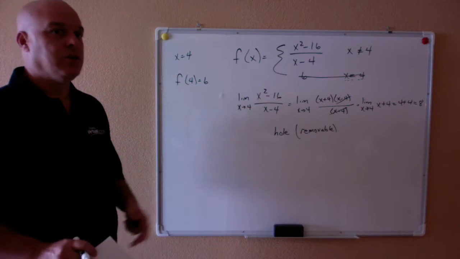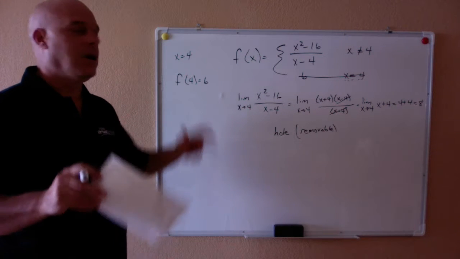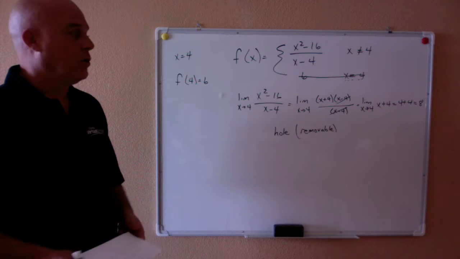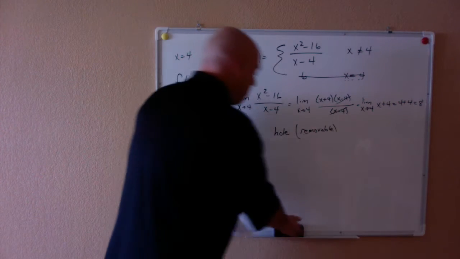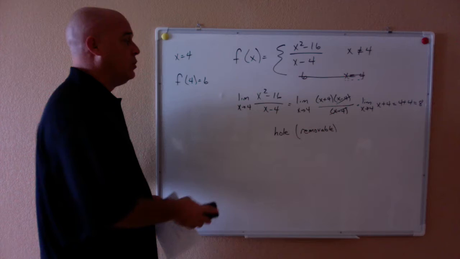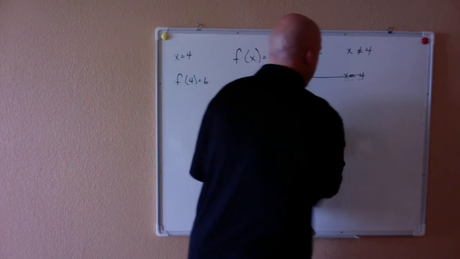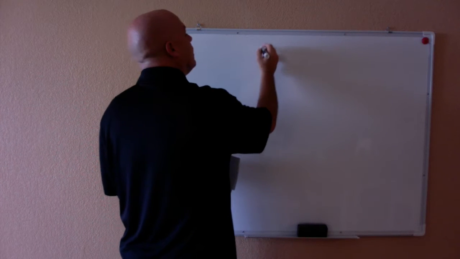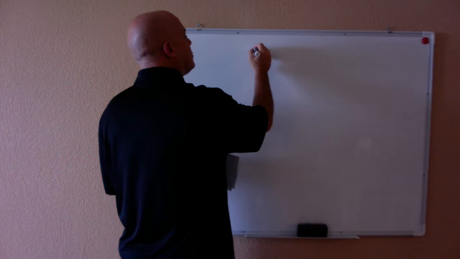It's a very big distinction between whether or not you can or cannot eliminate the problem area and whether or not you have a hole in the graph or whether or not you have an asymptote. Both of those are types of discontinuities, though. Let's look at one more type of discontinuity. Let's say that we have, again, let's do a piecewise function.